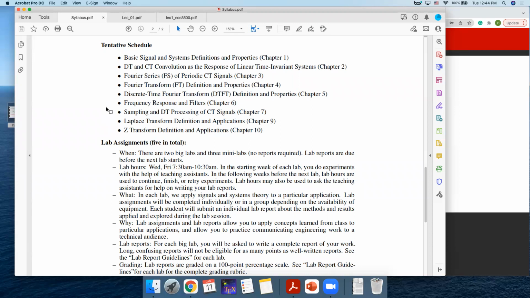Which format do you prefer? Because the lab is entirely based on MATLAB, I think it might be more convenient to make it online, so you don't have to get up early and get to school at 7:30 in the morning.